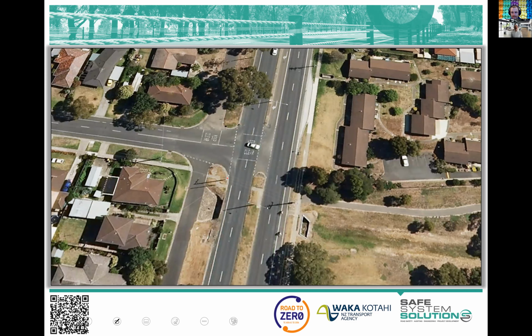Okay, here we go. We've got an intersection. It could be anywhere, the outskirts of Hamilton or Auckland or Christchurch or Napier, anywhere. We've got a duplicated major state highway coming into the major township, and it's got a speed limit of 70 kilometres per hour, and it carries 21,000 vehicles a day.